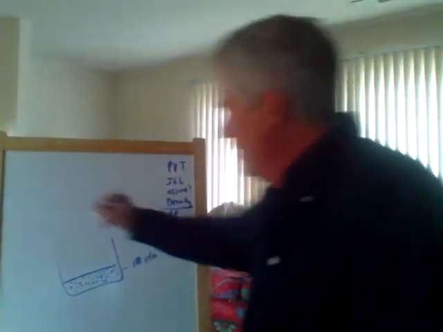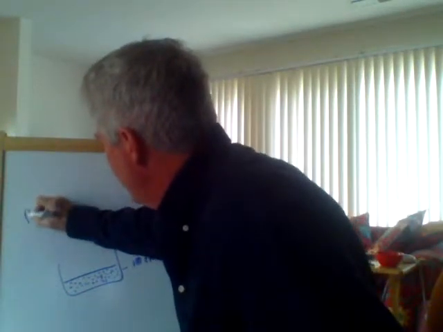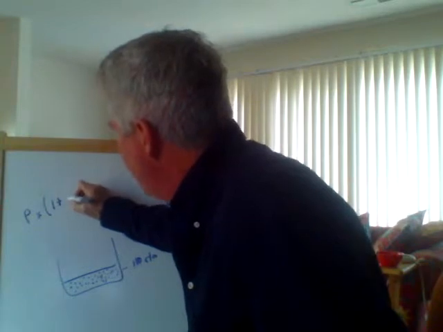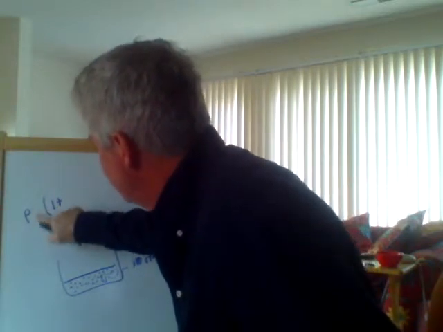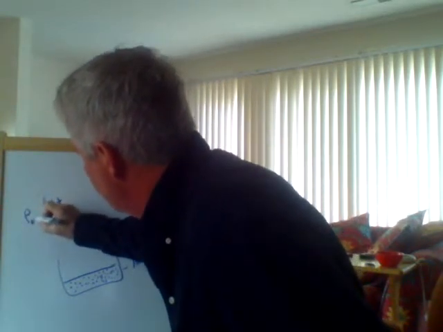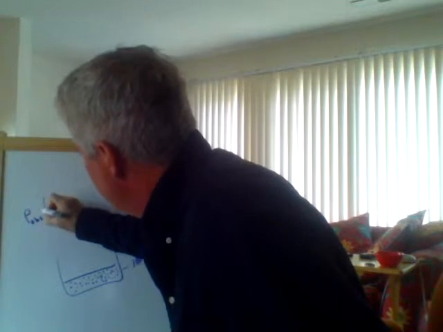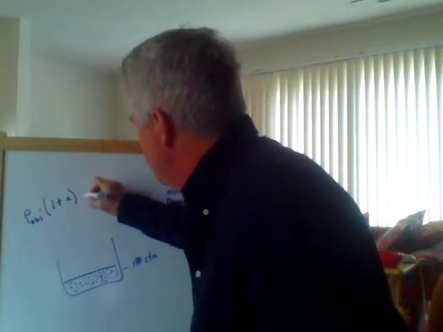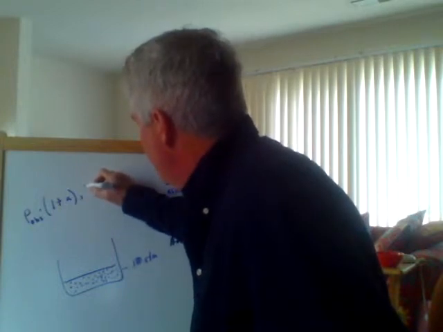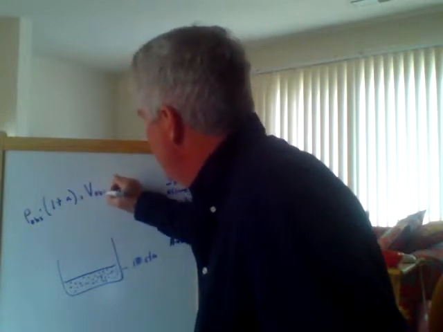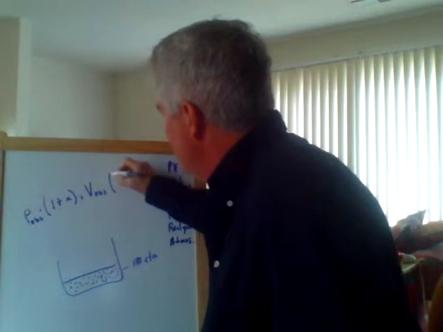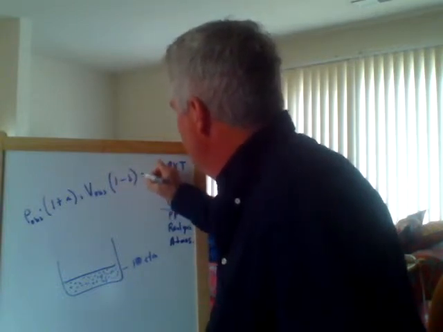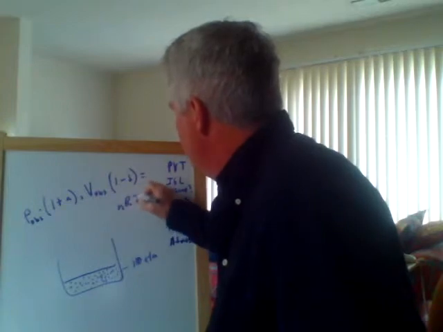I'm going to butcher it a bit, but it's essentially the observed pressure times 1 plus a factor, times the observed volume times 1 minus a certain factor, equals nRT.